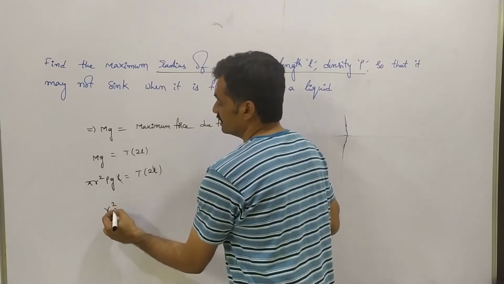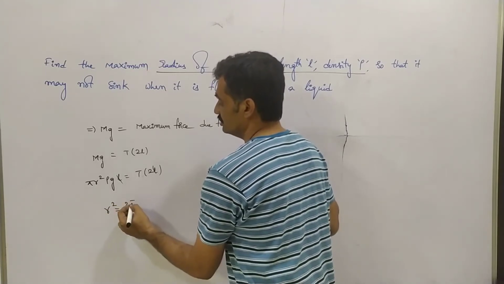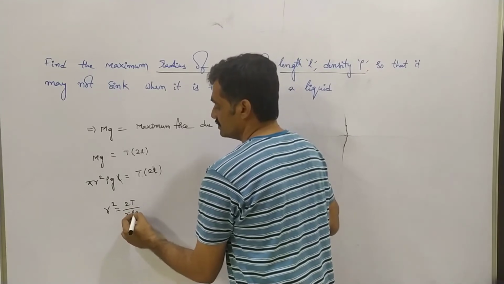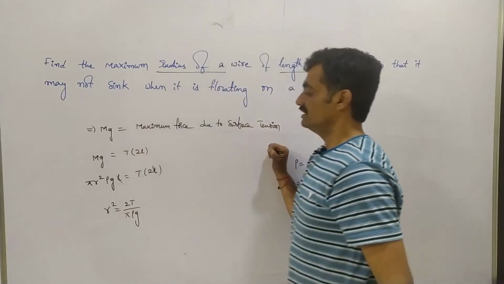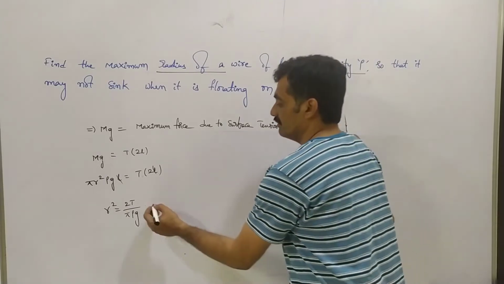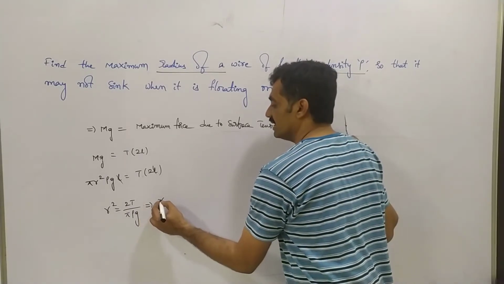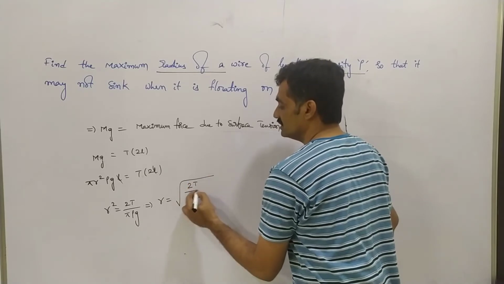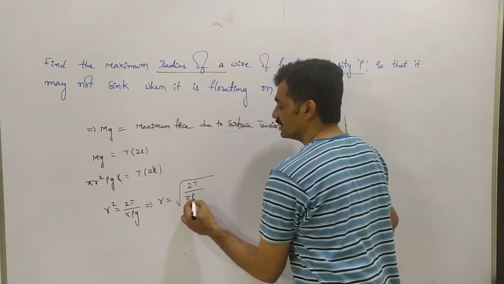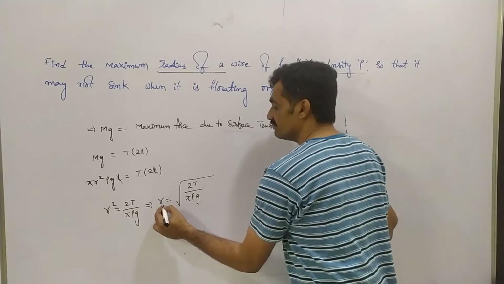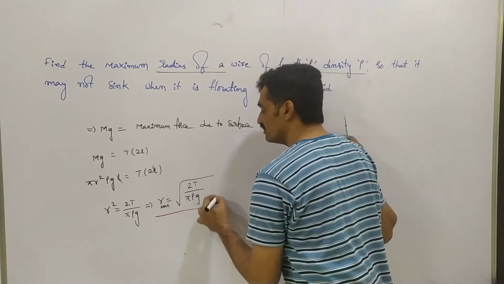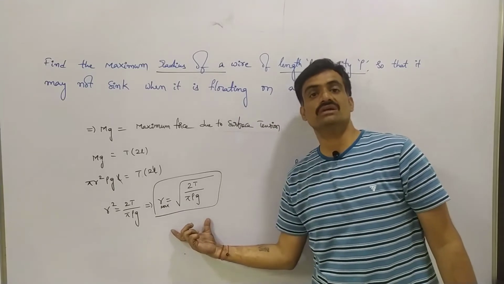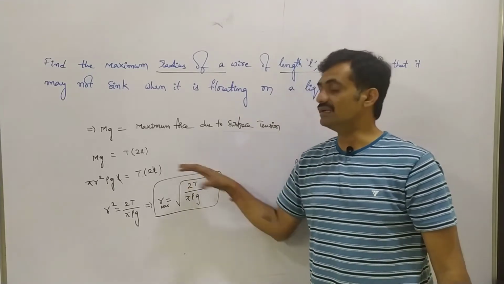Here r square is equal to 2T by pi rho g. From this we get r is equal to the square root of 2T by pi rho g. This represents the maximum radius of the wire so that it may not sink within the liquid.